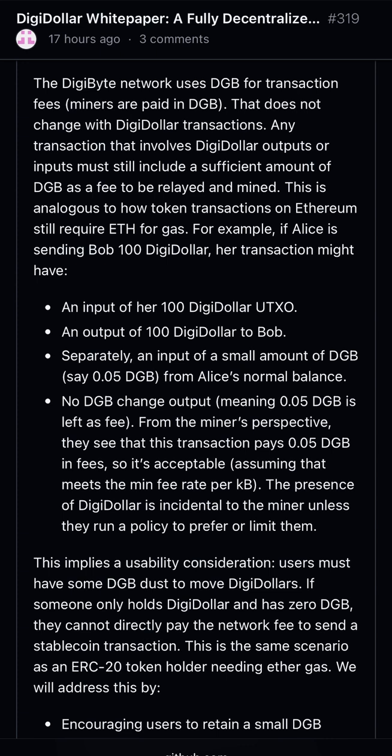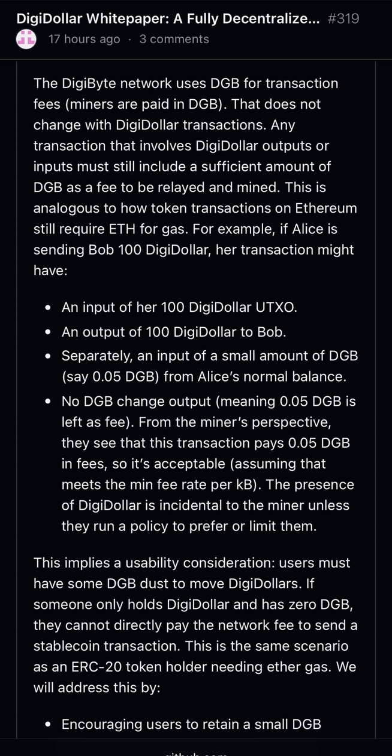For example, if Alice is sending Bob 100 DigiDollar, her transaction might have an input of her 100 DigiDollar UTXO, an output of 100 DigiDollar to Bob. Separately, an input of a small amount of DGB, say 0.05 DGB, from Alice's normal balance.